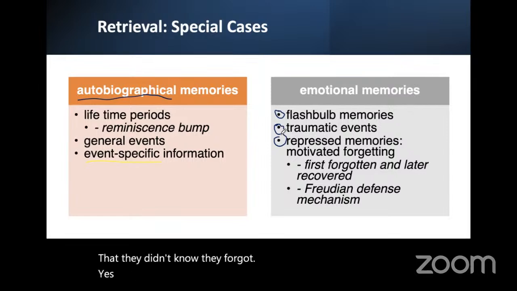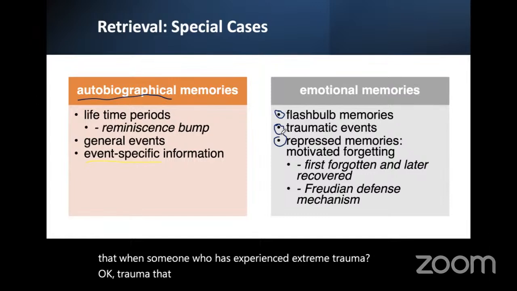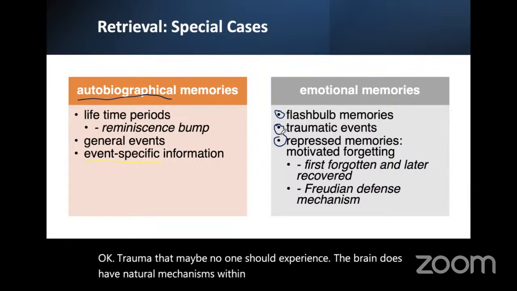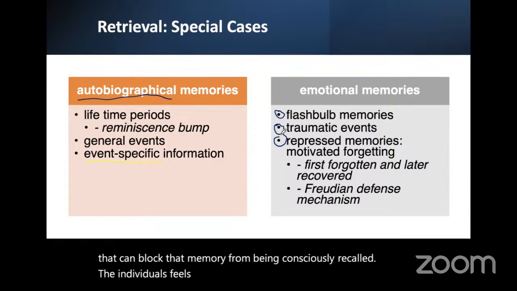Yes. Okay, and the example really has to do with our neural basis. When someone has experienced extreme trauma, trauma that maybe no one should experience, the brain does have natural mechanisms within the amygdala and the hippocampus that can block that memory from being consciously recalled until the individual feels that it is safe.